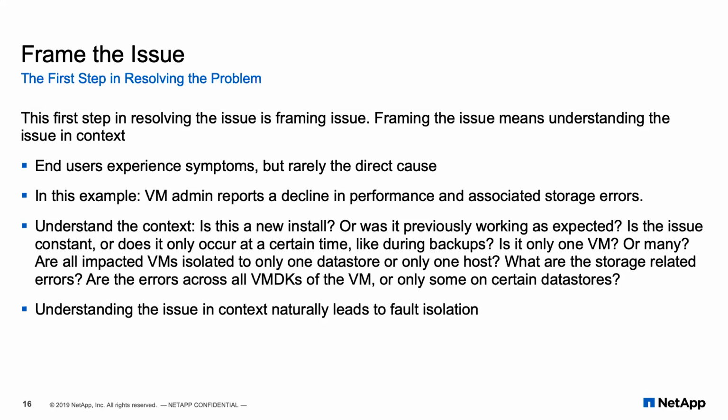What are the storage-related errors that you're seeing? Are the errors across all VMDKs or only some? Once you understand all these things, it leads to what is called fault isolation, or in other words, determining where exactly the source of the issue lies. Once you know that, you can start to understand what the best way to remediate the problem is.